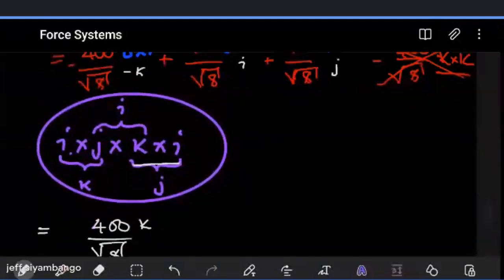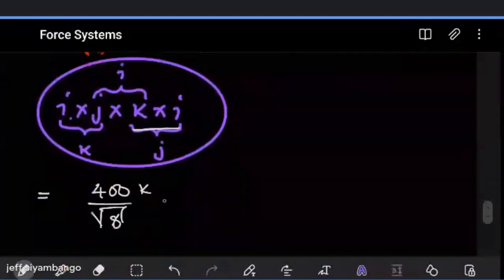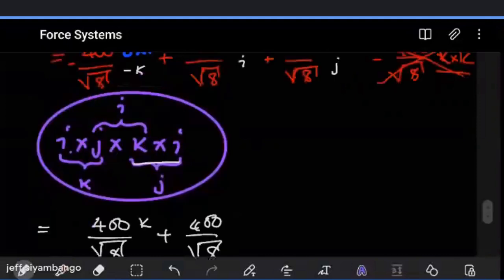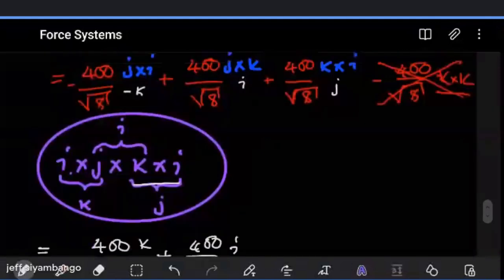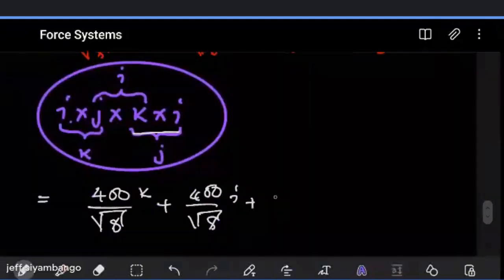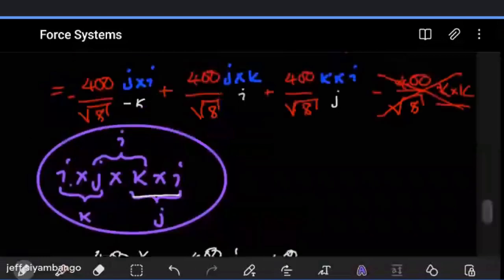Then we have the next one here. It's 400 over root 8. And the unit vector there is I. Then the last one here, it's 400 over root 8. And the unit vector there is J. So you have this.